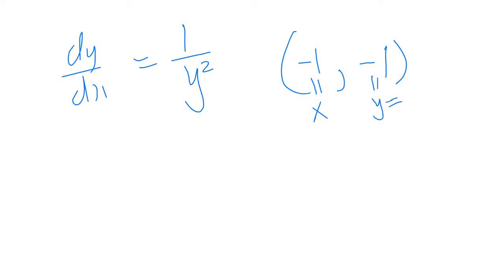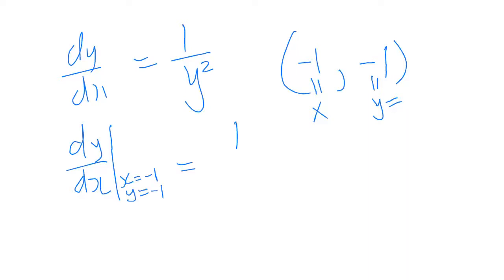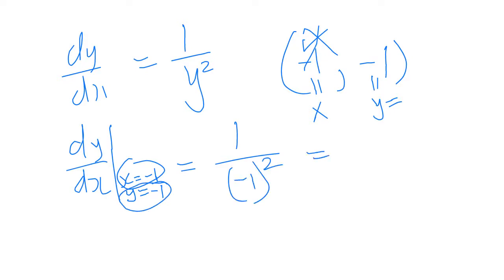So we are just saying find the slope of this function when x is equal to -1 and y is equal to -1. This is just equal to 1 over y squared, but we don't have x, so we don't have to worry about the x coordinate here. What we worry about is the y coordinate. So this is (-1) squared, which is 1. So we are saying the slope is 1. So we know the slope is distance.